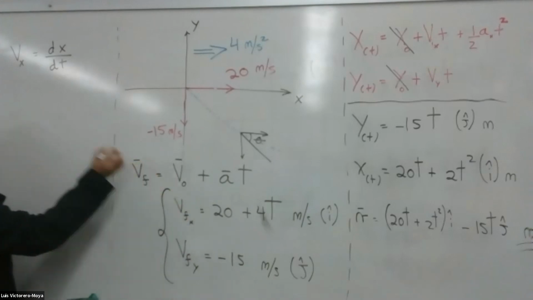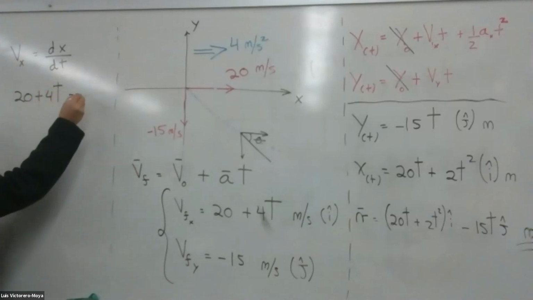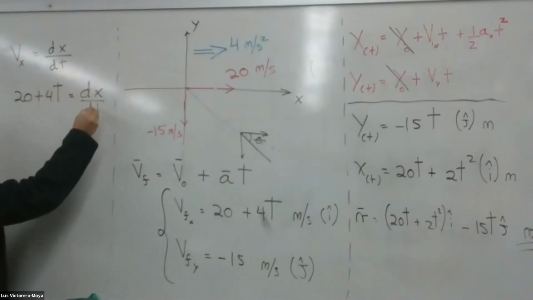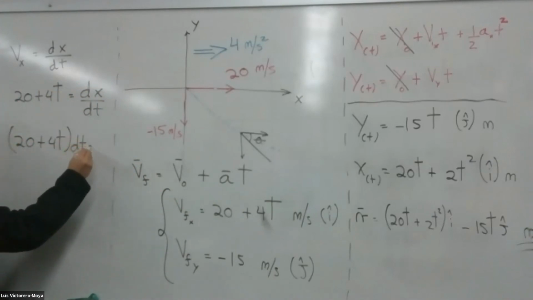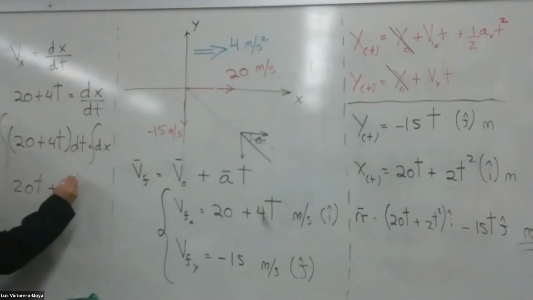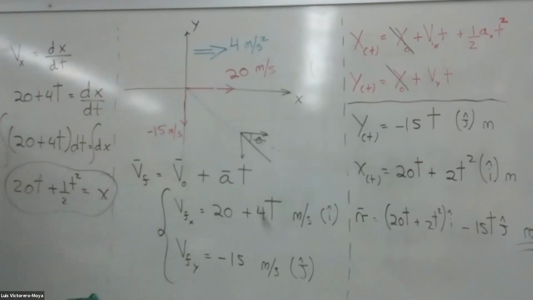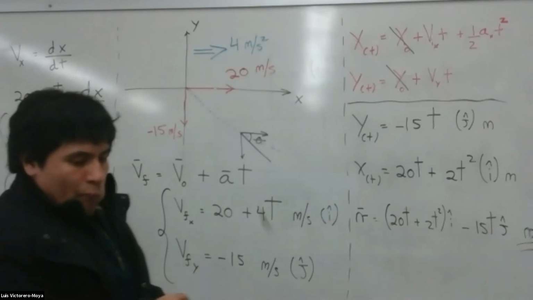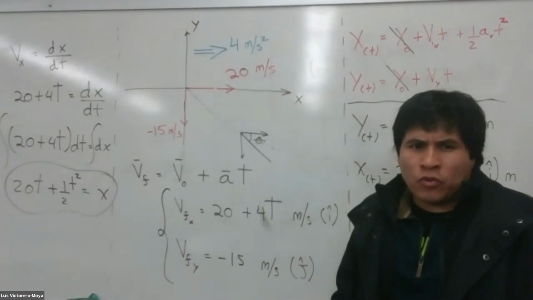But what's V on x? I did this in the previous chapter. Now we have 2 dimensions. I integrate this, I get 20t plus 1/2, x minus x initial, which is 0, x. There. Right? So that's 2 dimensions. I mean, it's a very generic type of problem for 2 dimensions.